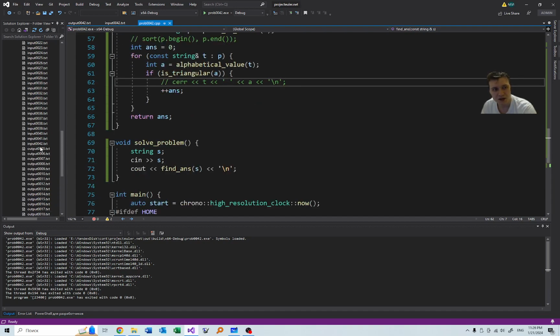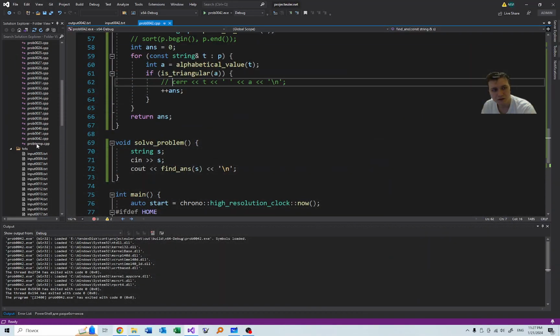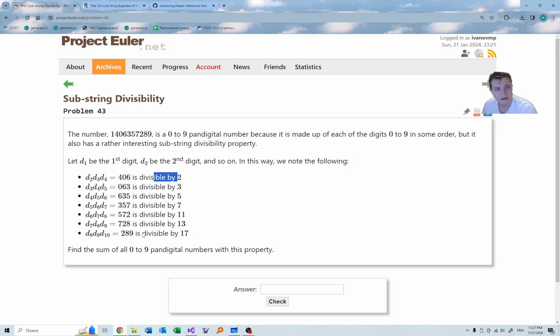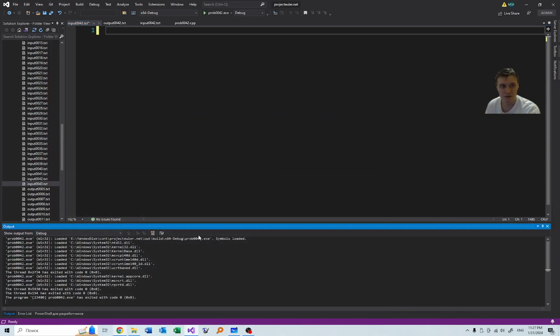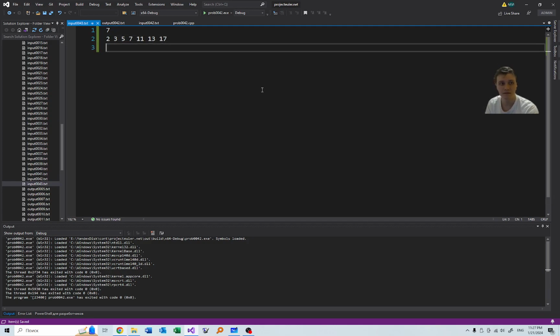This can be done with a straightforward approach. Actually, since these numbers from 2 to 17 are given in the input, let's just put them in the input file. So I am interested in 7 numbers from 2 to 17.